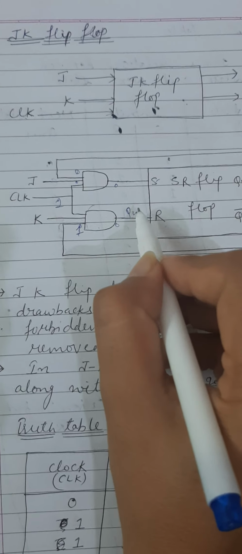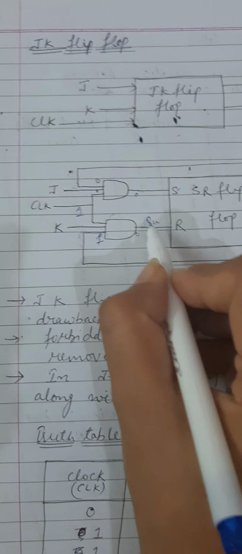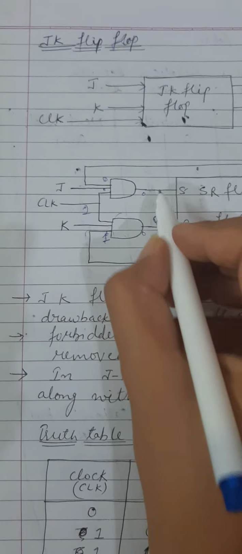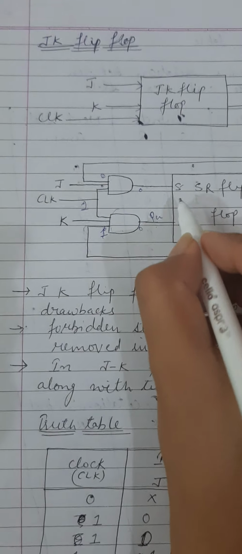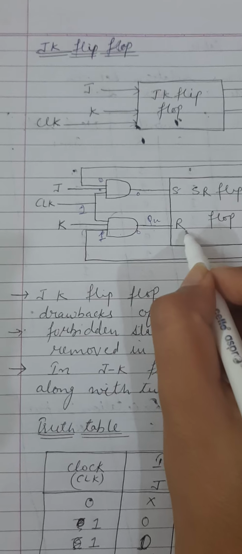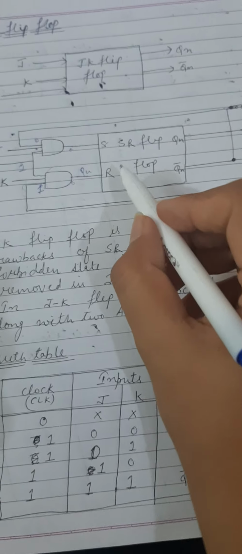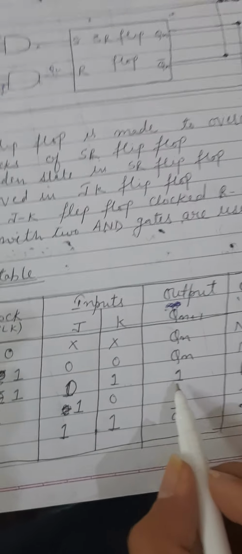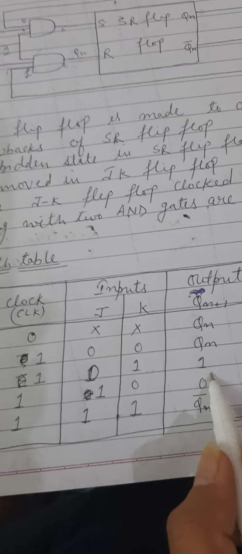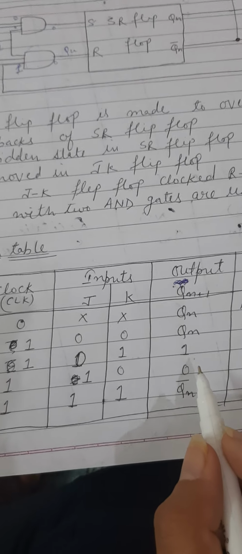We cannot take that 0 0 because 0 0 is already taken. So we can consider the value of Qn to be 1. So 0 and 1. And in SR flip-flop, when S is equal to 0 and R is equal to 1, then the output is 0 1. So we can write here the output is 1. Okay, you can check this in the truth table of SR flip-flop.